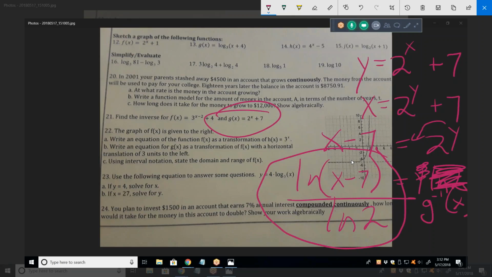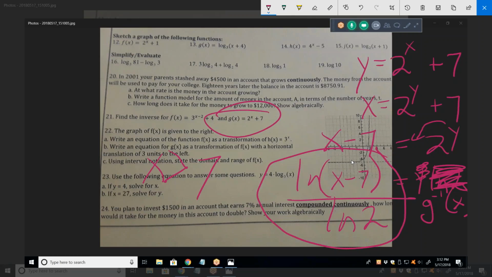What is the domain of it? So, the domain of it? Always think about what x can't be. All right, so x can't be 7 and x can't be 0. Can't be anything less than 7. In fact, x has to be greater than 7.